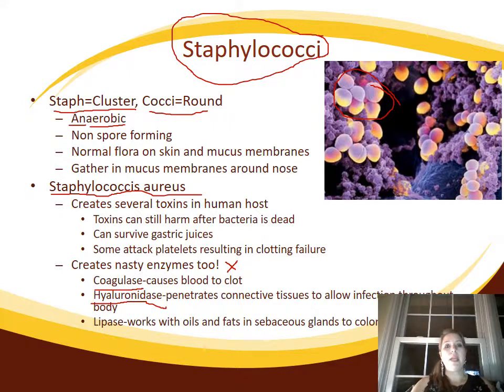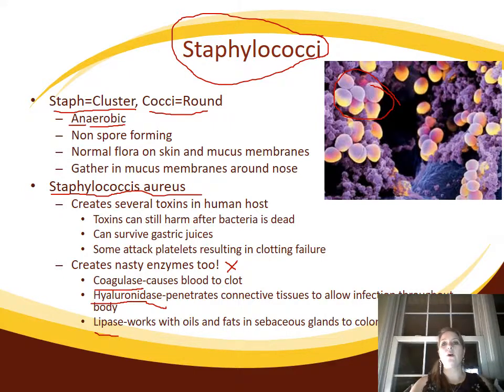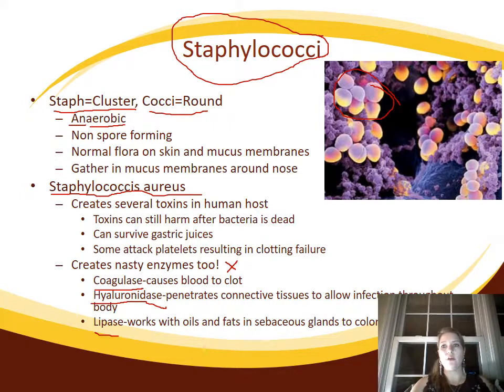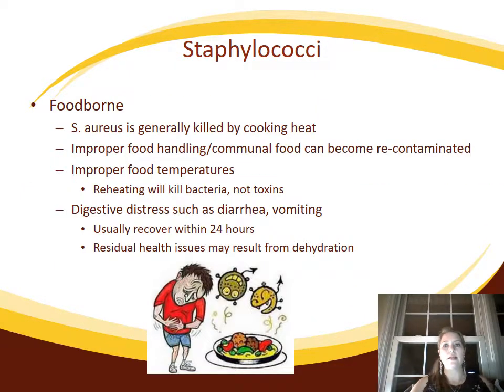And then there is lipase, which works with the oils and fats in the sebaceous glands, and it actually allows the infection to resist because of the oils and fats in the sebaceous glands.